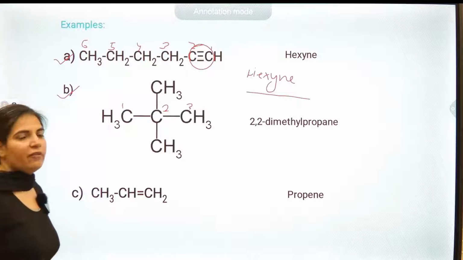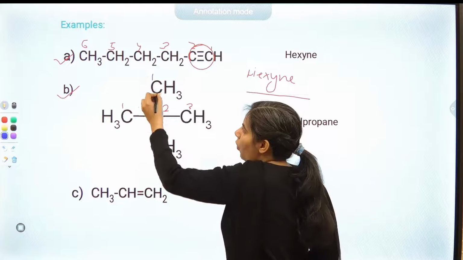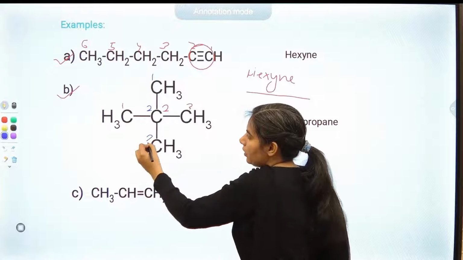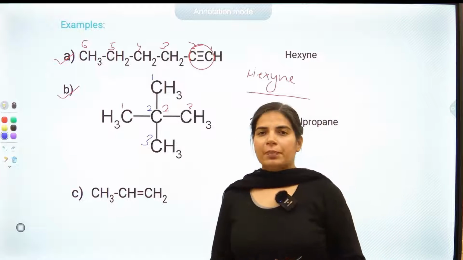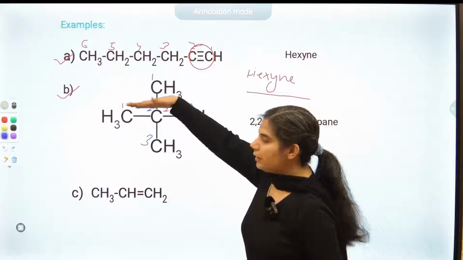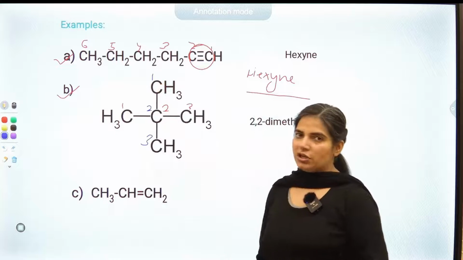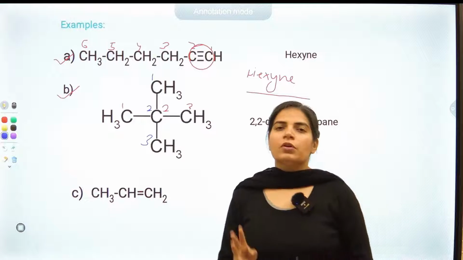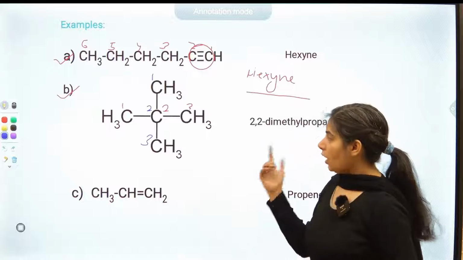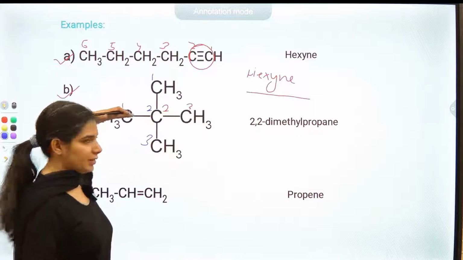And we are having one more possibility: consider this as 1, this is 2, and this is 3. So we are having two different patterns. We can consider this as a parent chain or this as a parent chain, because in both cases we are having a maximum of 3 carbons. So let's say we are considering this case.